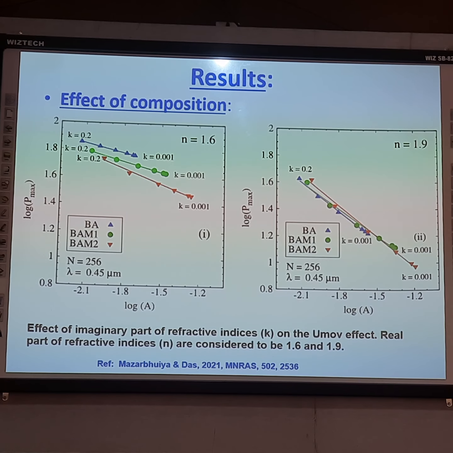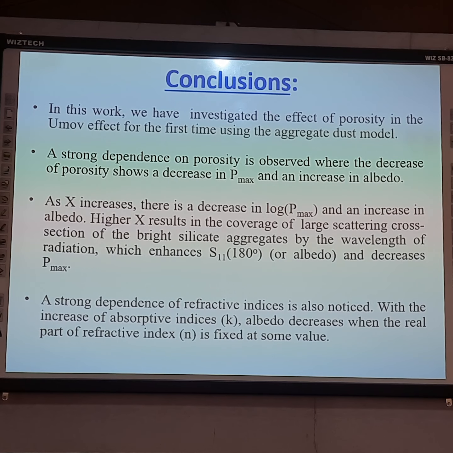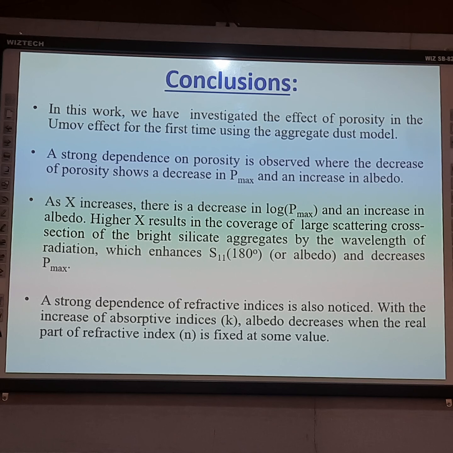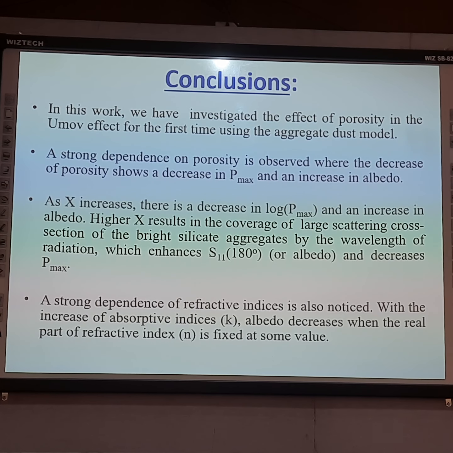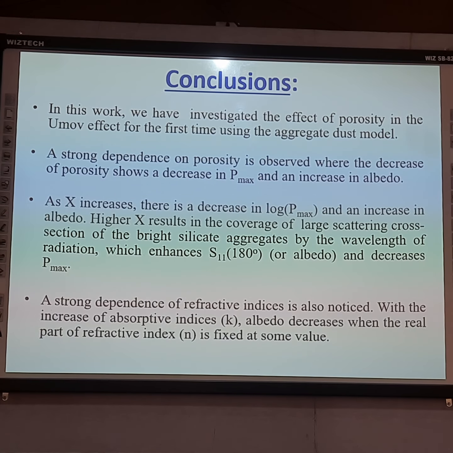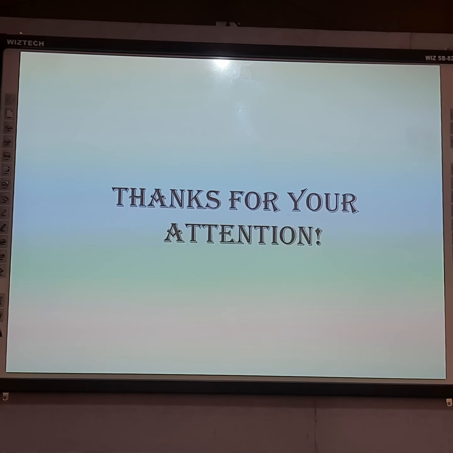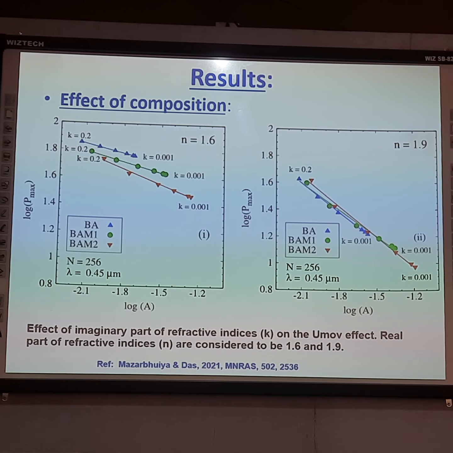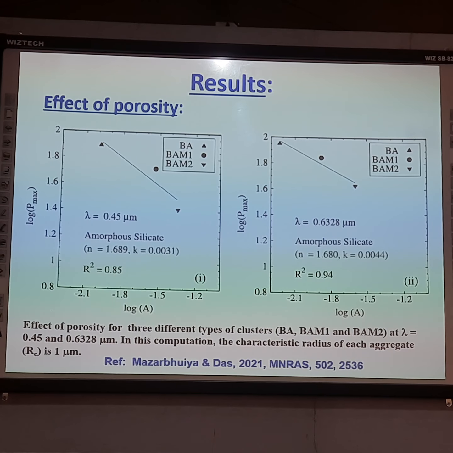So from our study, we found that the effect of porosity is very, very important in the UMO effect, which was studied in 1905, and a strong dependence on porosity is observed for the first time by our group. And as I told you, the plot which I have shown here has been recently published in MNRAS. And from that paper, you can see that porosity has a strong effect on the polarization and albedo.